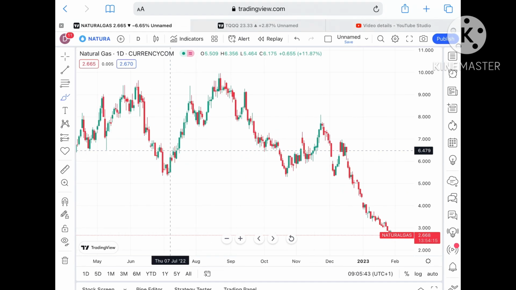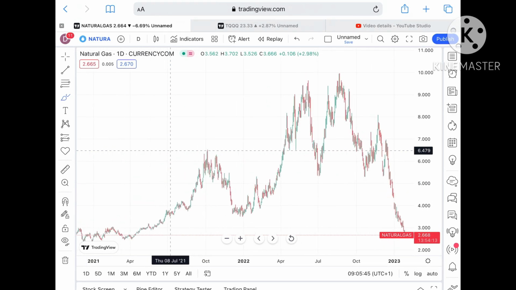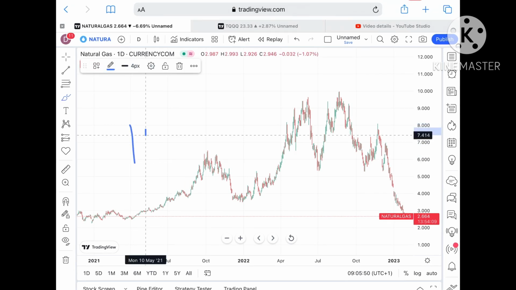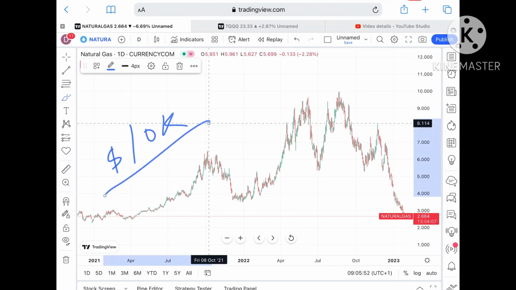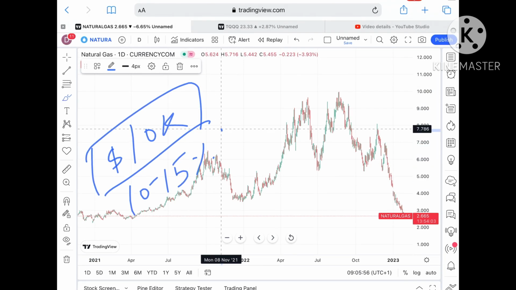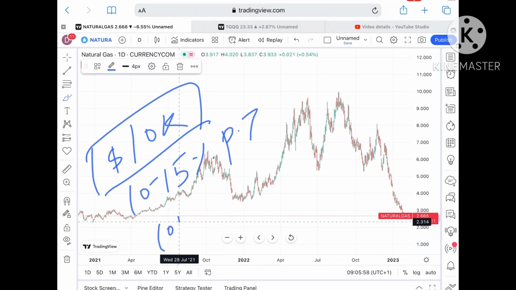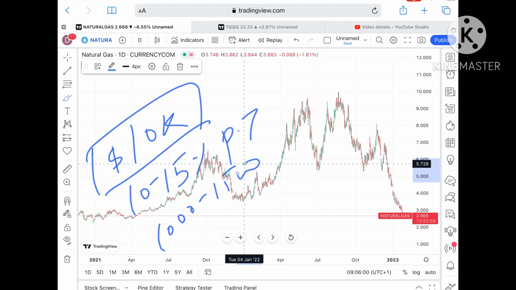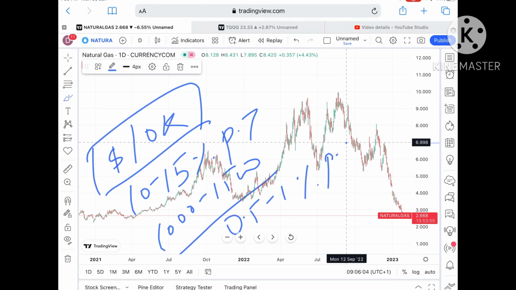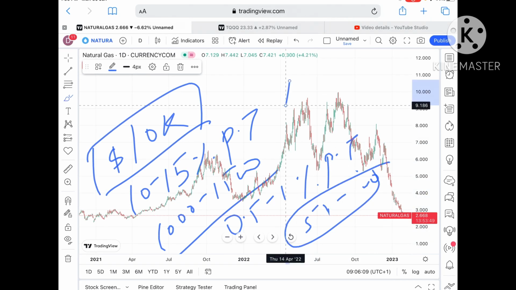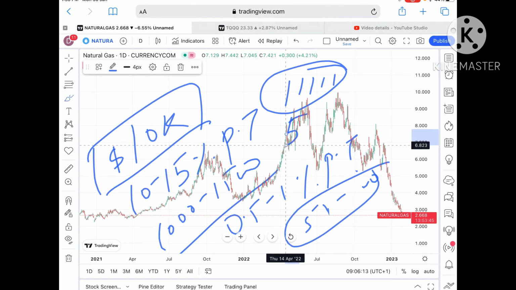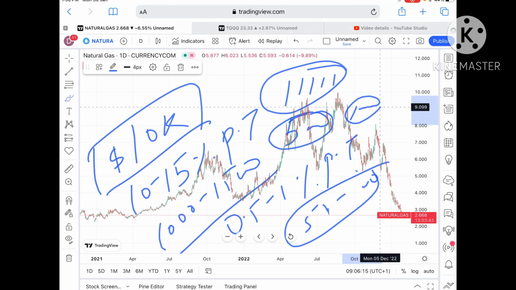Now you have to understand something: most of the people lose money in trading. Suppose you're trading with $10,000, try to trade with 10 to 15% of capital per trade. That comes to 1,000 to 1,500. Risk 0.5 to 1%, that is 50 to 100. Suppose you took 5 trades, the maximum loss you can take is 500 for all trades, 100 per trade.